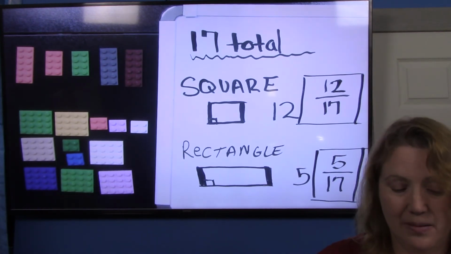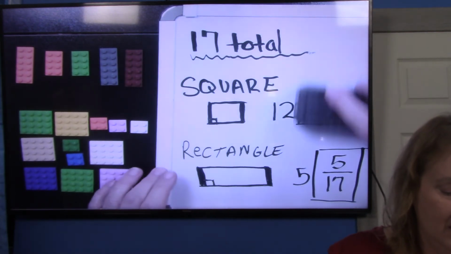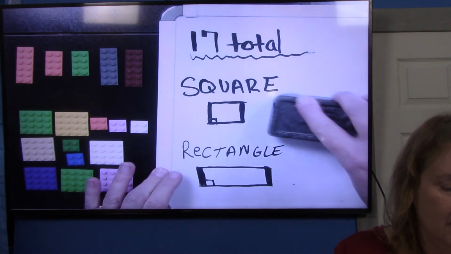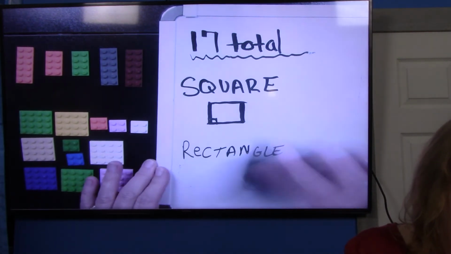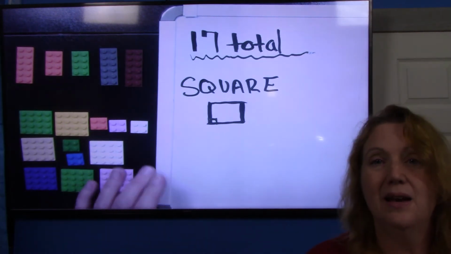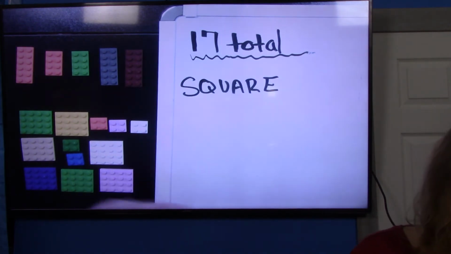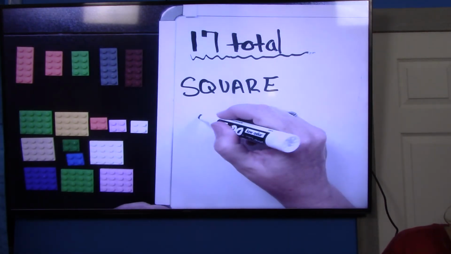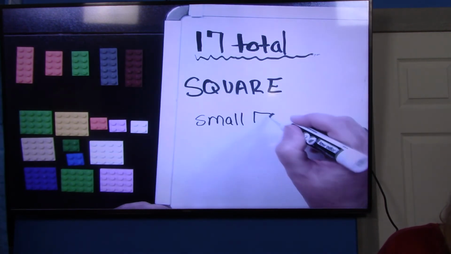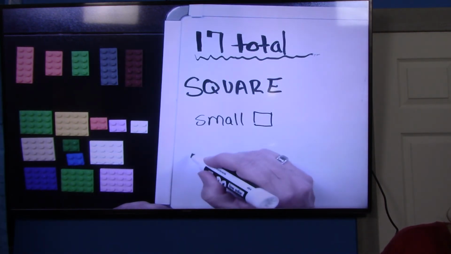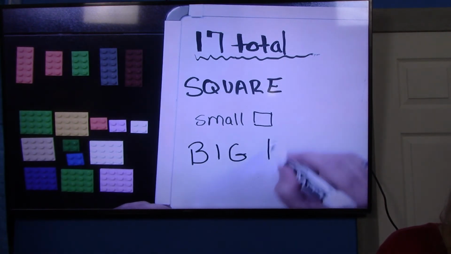So this time, instead of just doing squares and rectangles, let's do small squares and big squares. So I have small squares, and then I have big squares.